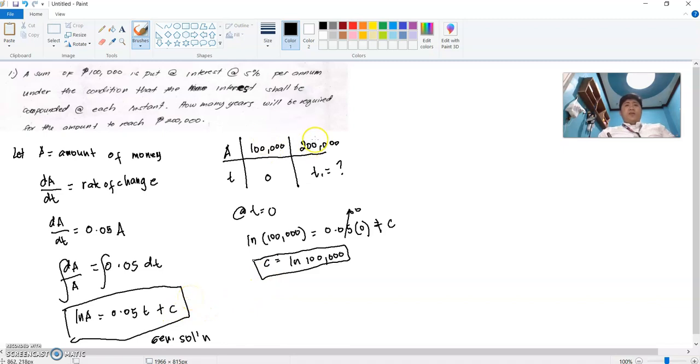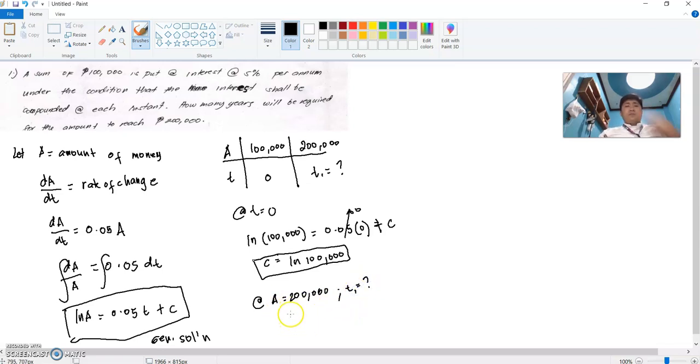So if we substitute the A, we can now get the time needed in order for us to achieve 200,000. So from here, you substitute the same way. At A, 200,000, and at t, unknown.